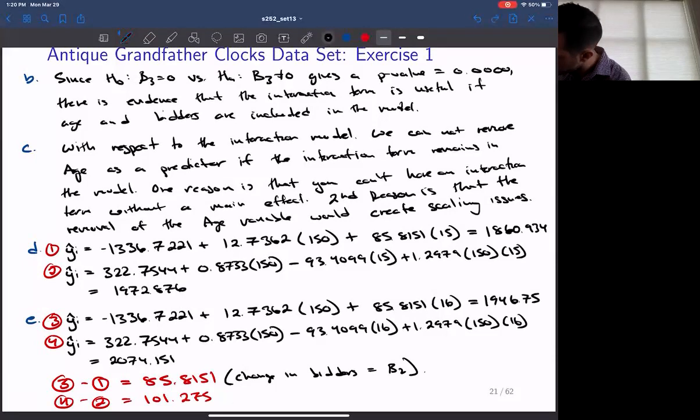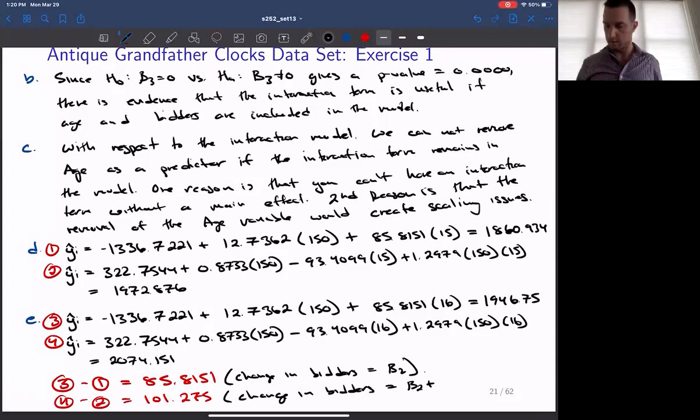And what is this value? So the change in bidders is equal to now beta 2 plus 16 times beta 3, it should be, I think.